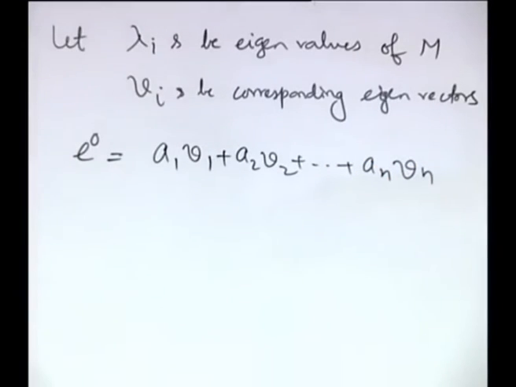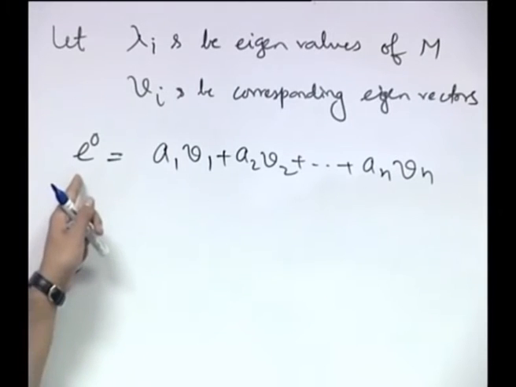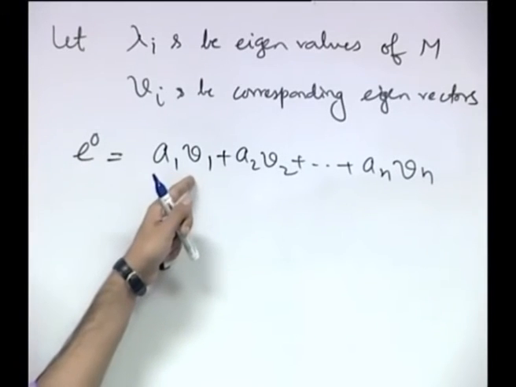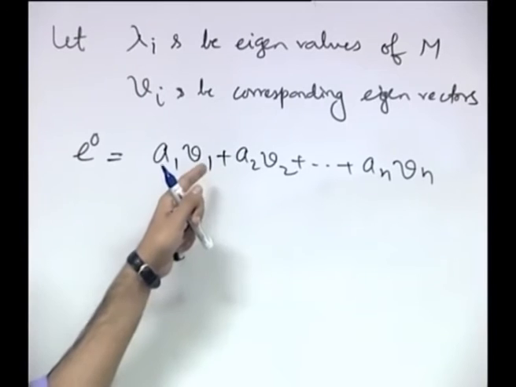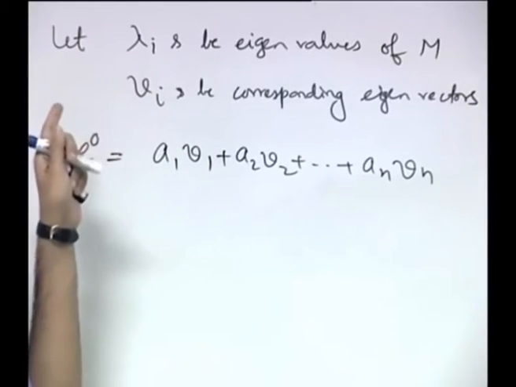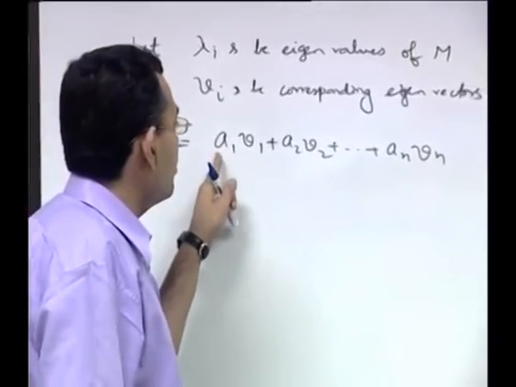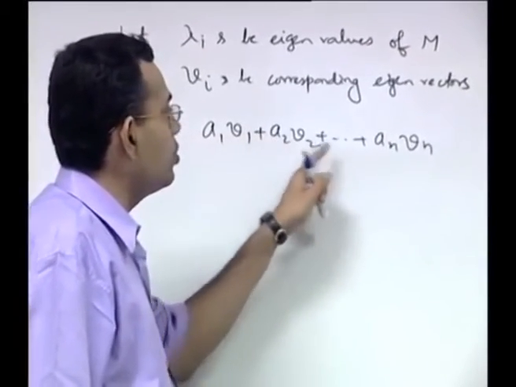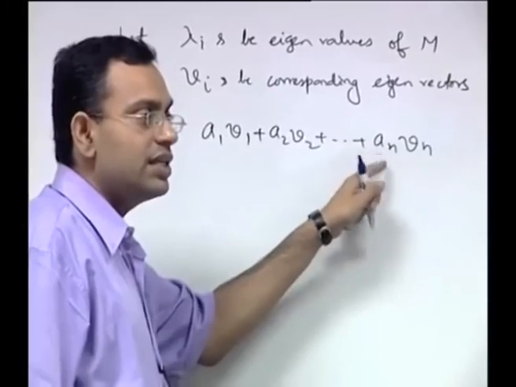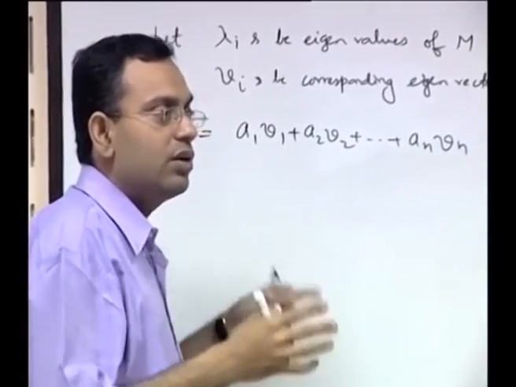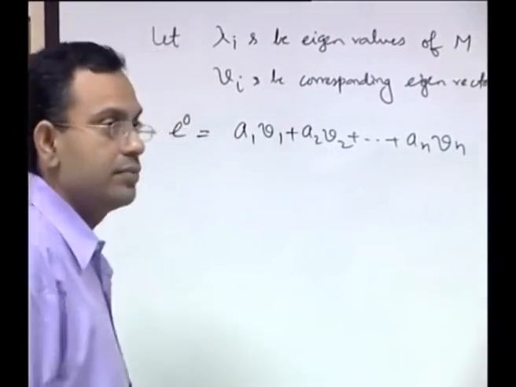So we make E0 a linear combination of the eigenvectors of the matrix M. We can do this by using the coefficients A1, A2 up to An judiciously. These are according to our particular choice, so that we can write it in this way.